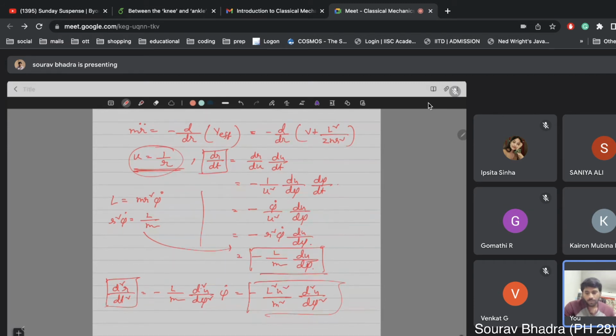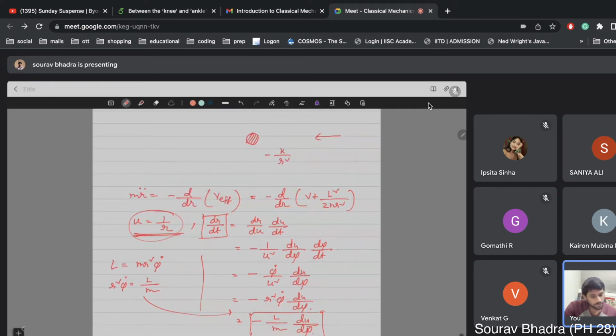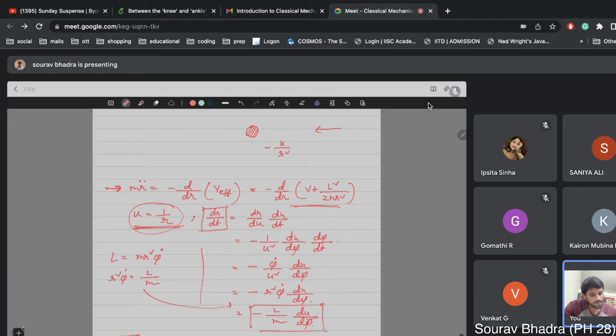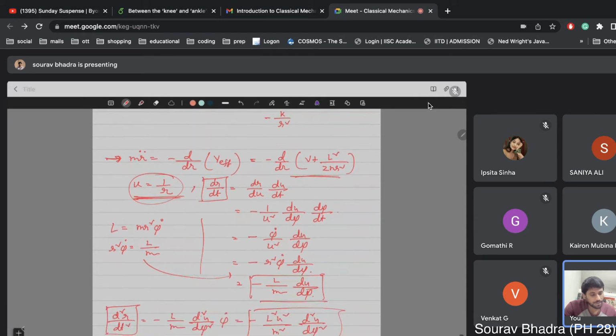Now we will put these two forms which we got into the main equation, the equation of motion, which was this one: m r double dot is equal to minus d/dr of V plus L square by 2 m r square. We will just replace r double dot, that is d2r/dt square, by what we have got here.